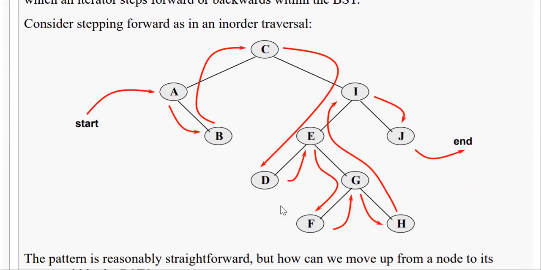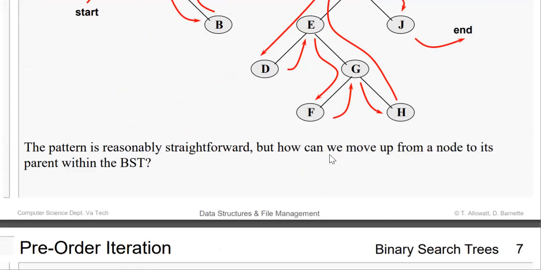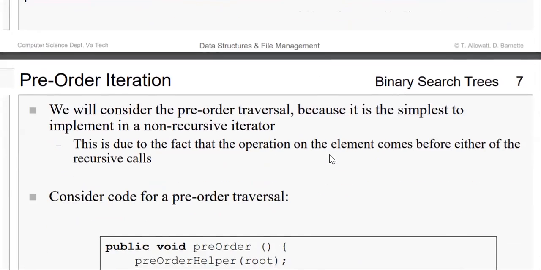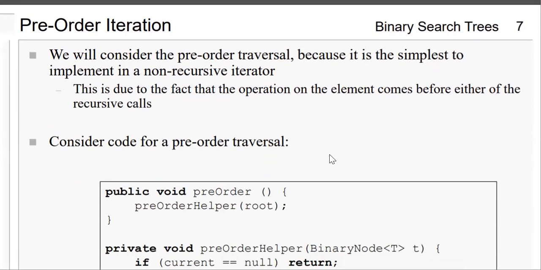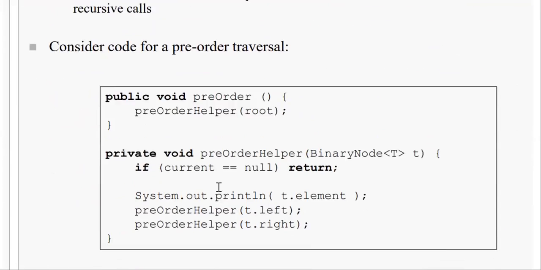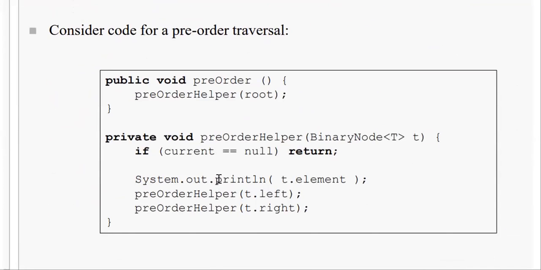Then the pattern is reasonably straightforward, but how it can move up from the node to the parent within the binary search tree is one of the iterations. So implement it in a non-recursive manner.